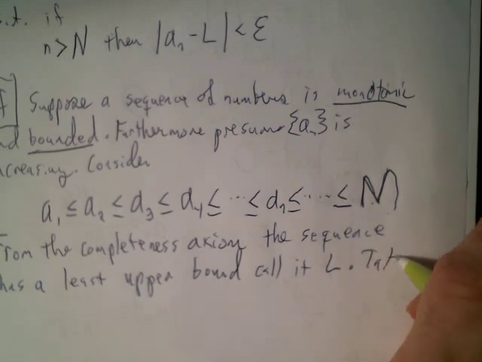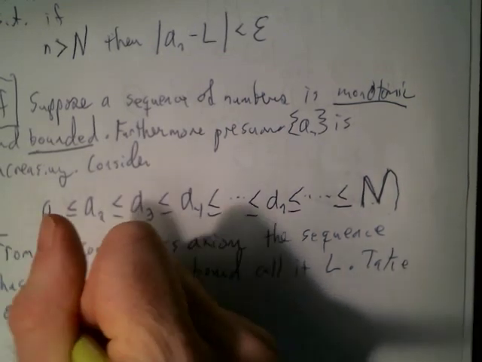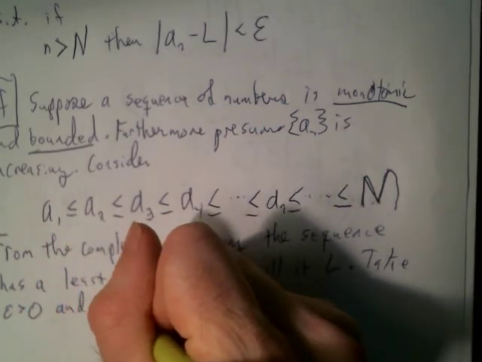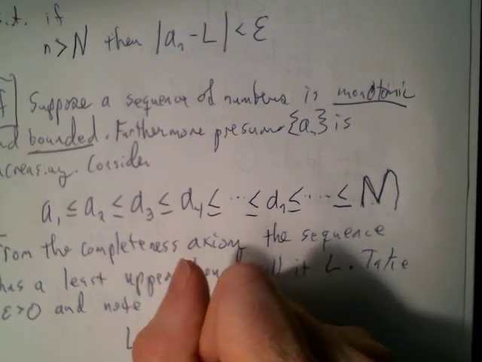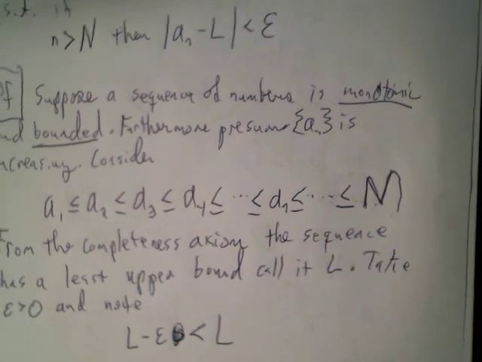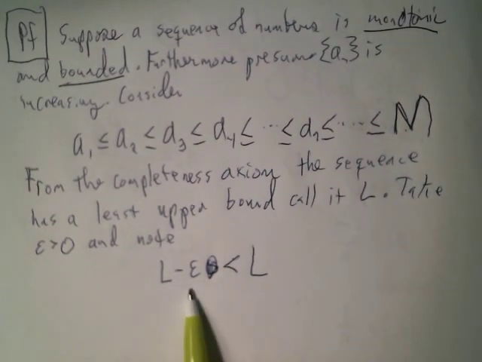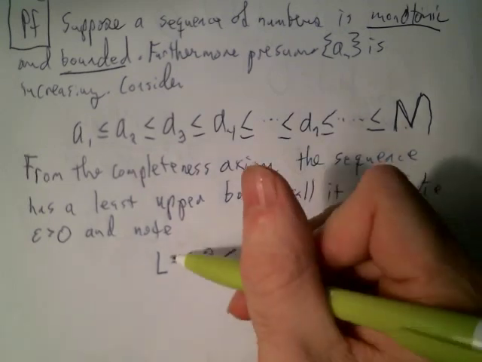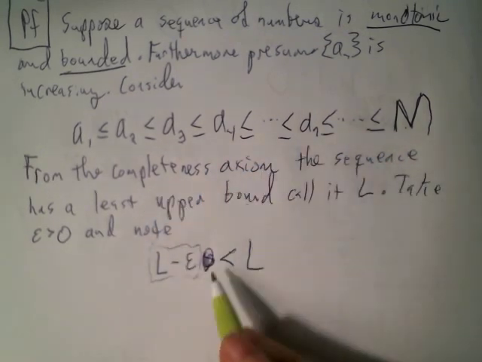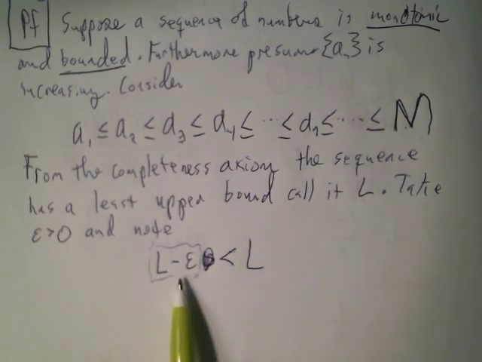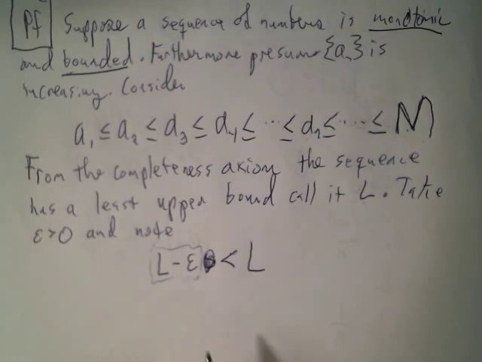If we take an epsilon greater than 0, note L minus epsilon would be less than L. Epsilon, this little E looking thing, is just some small number. This thing is no longer an upper bound of this sequence of numbers, and therefore there must be other terms of this sequence which go above this thing. Okay.